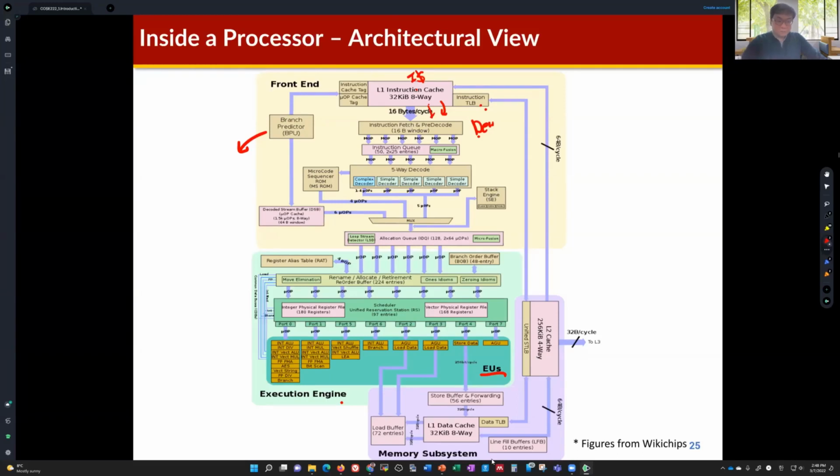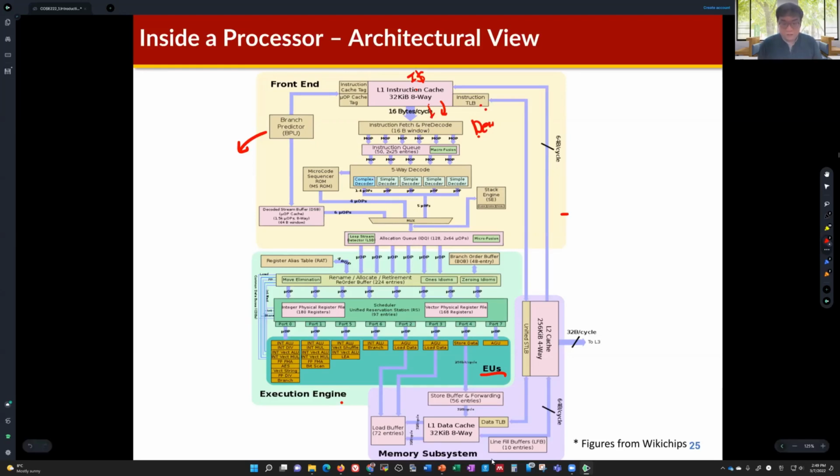Those logic designs are not seen in this figure. We just see some components, and the components are connected to each other.